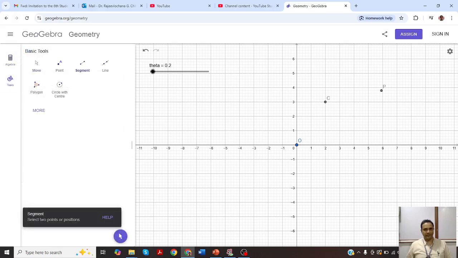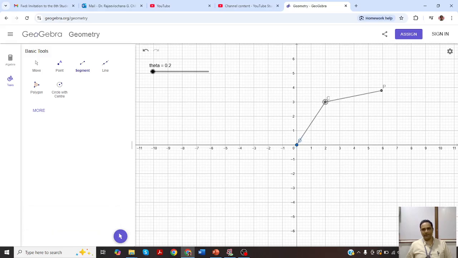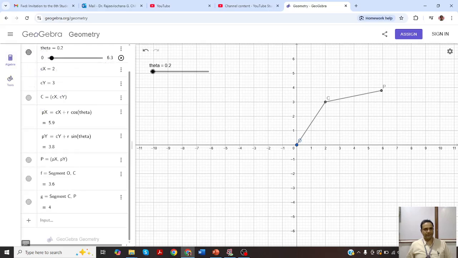I'll just create, so imagine this is one of the links. This is another link. And if I move the theta value, it will behave as if I have one link and the second link is rotating with respect to this revolute joint. So that is why we wanted to have this parametric equation of a circle.